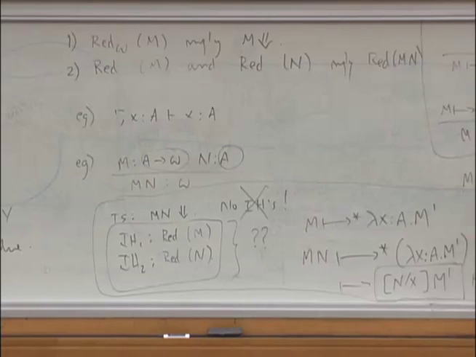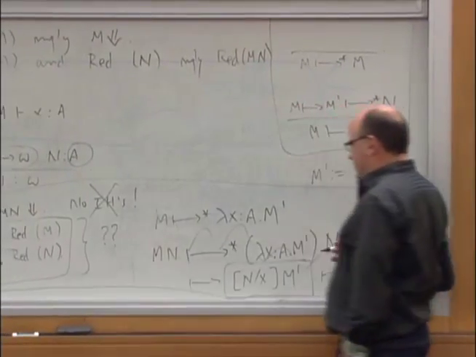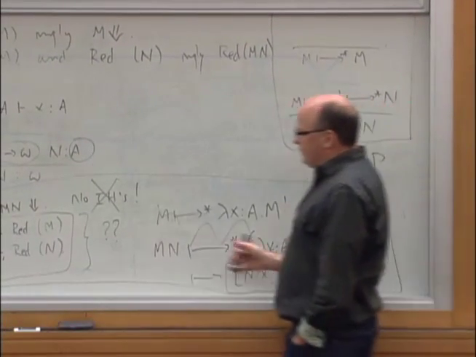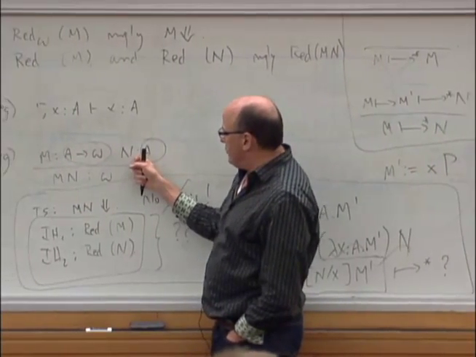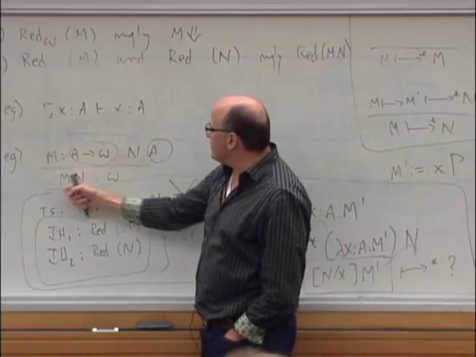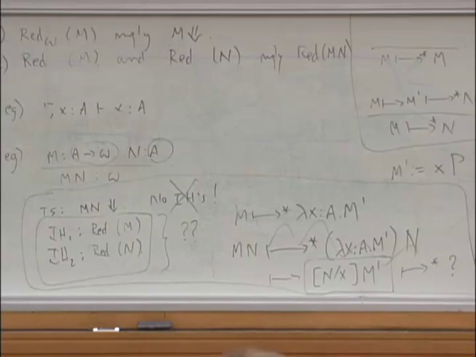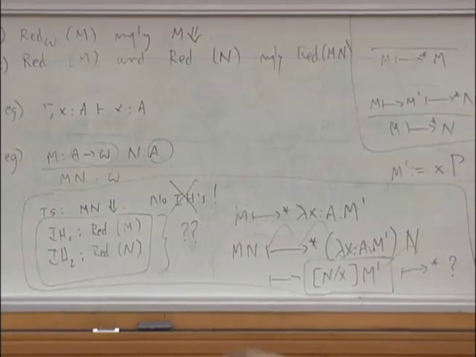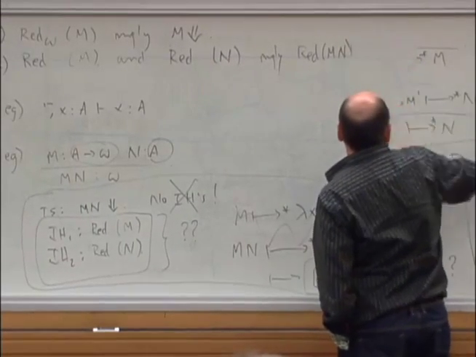Why? Because that's what I needed here. Whatever business goes on in here, like what I was sketching out, the upshot should be that the individual reducibility of the two components of the application suffices for the reducibility of the application. Now, for that to make sense, there's a worry.